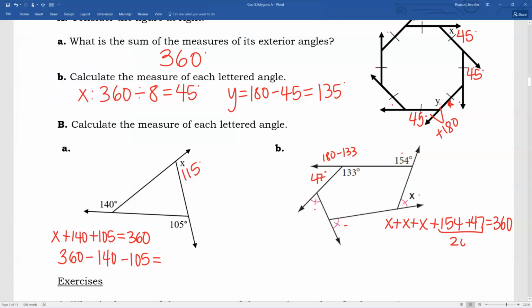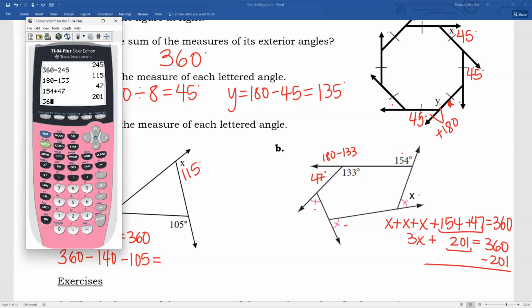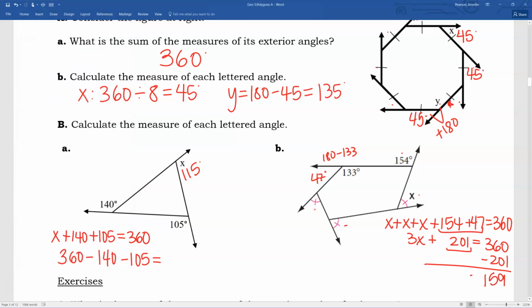That's 201. And I'm going to do this kind of algebraically here, because then I know that this is 3x plus 201 equals 360. So I can subtract what we know, right? If I do 360 minus 201, that tells me that I have 159 left over to split between those 3 angles.